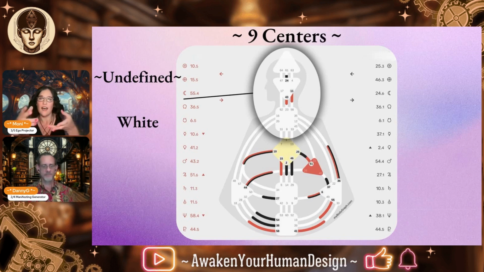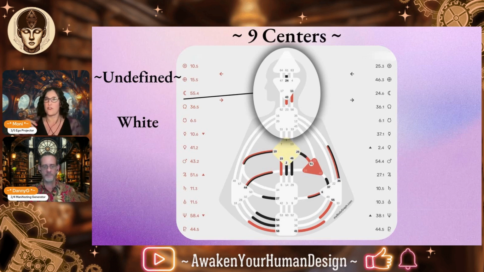So if you look on this example, the head, the white triangle pointing up at the very top, is completely open. All three of those gates are just open and ready to receive. Whereas the downward pointing triangle, the ajna, has three hanging gates, so they're all undefined.